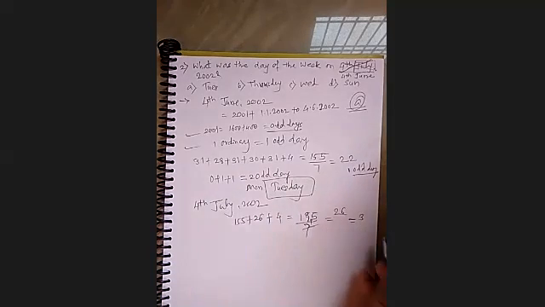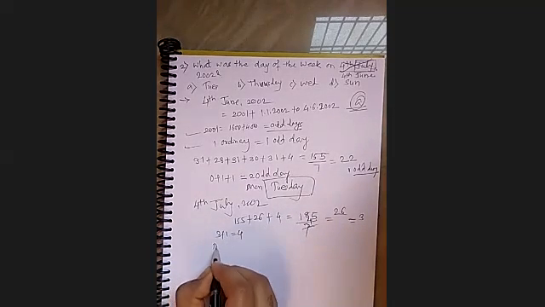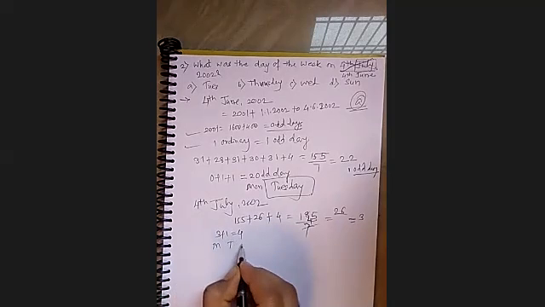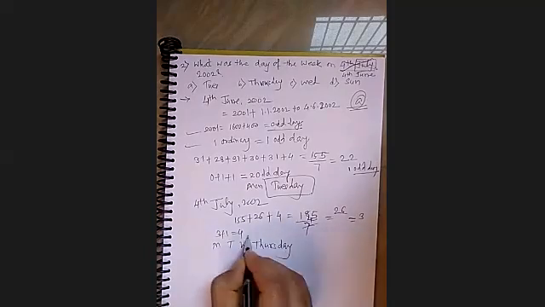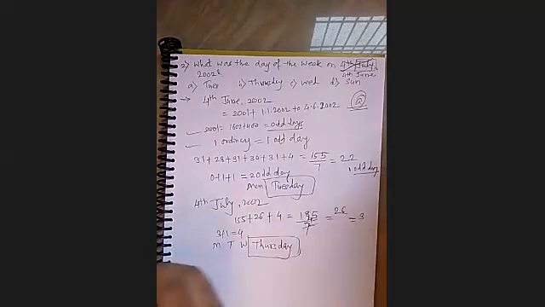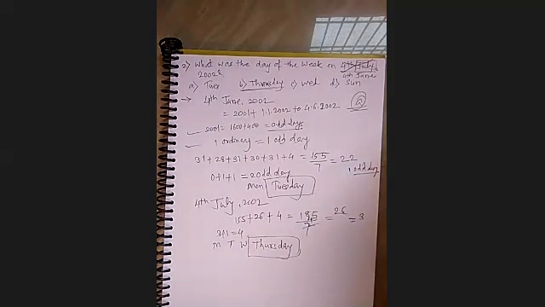So 3 odd days plus 1 becomes 4 odd days. It is Monday, Tuesday, Wednesday, and Thursday. So earlier, those who had written Thursday were in fact also correct.